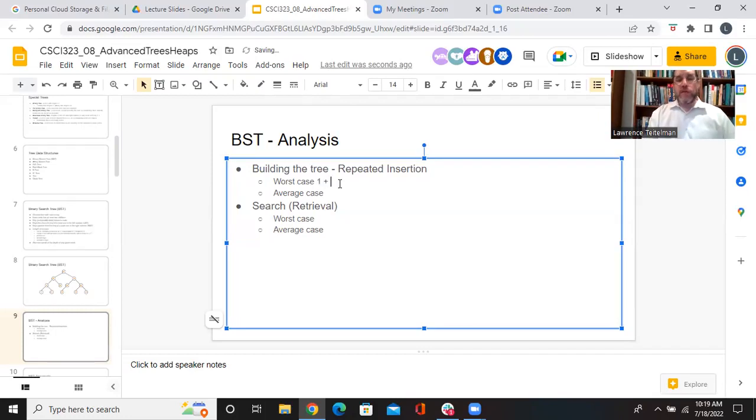So it's going to be 1. Well, I guess for the first one, there's no traversal happening. So you get 1 plus 2 plus 3, ... The last one is going to be n minus 1. So how much work? Okay, so that's O of n.